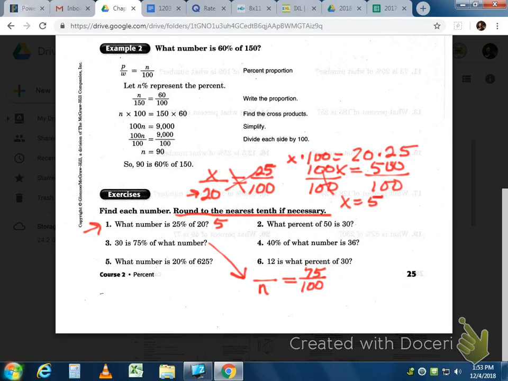Do we have another number? Yes. What is it? 30. So 30 goes above the N. Cross, cross. So 30 times 100 equals N times 75.